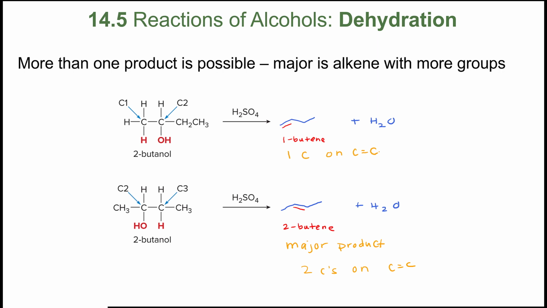So having a more substituted alkene is better. If you have a choice when you're eliminating water, your product will prefer the one that gives you more substituted alkenes, or more groups coming off of the carbon-carbon double bond.